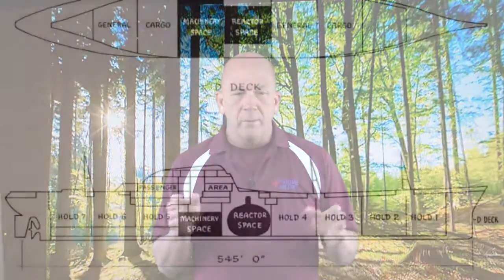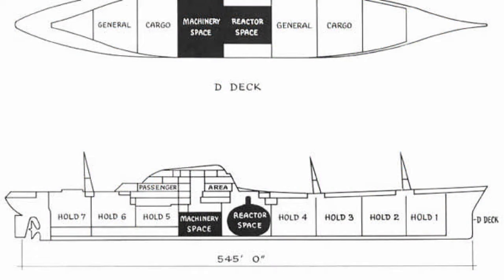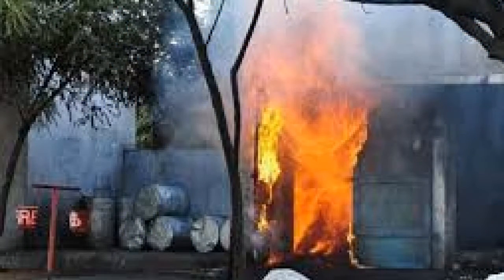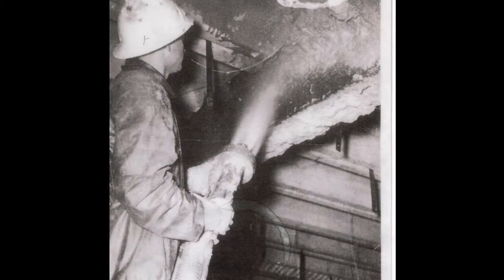For those of us who are not sailors, you think of the bottom of a ship as one big open space, and that is not the case. It is actually divided up into many compartments so that if there is a fire or a breach of some sort, they can let that one compartment flood without sinking the entire ship. If we're protecting it from fire, we're going to want to seal each of these dividers with something fire resistant. And especially back in World War II, many times that was an asbestos product because it is so durable, so fire resistant, so heat resistant.